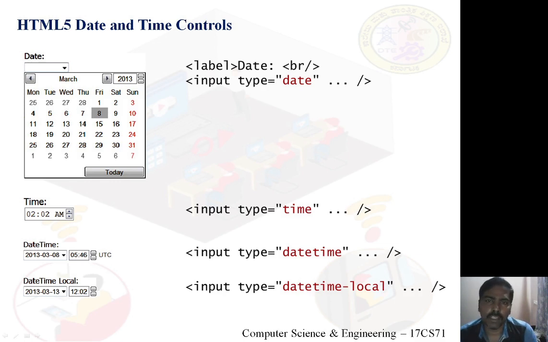In the code fragment, I have used a label field with the text Date enclosed in it. That's just a label text that will be displayed, and we know that BR is a line break. So immediately after Date, on the following line, there's one input field, and I specified the type of the input field as date.